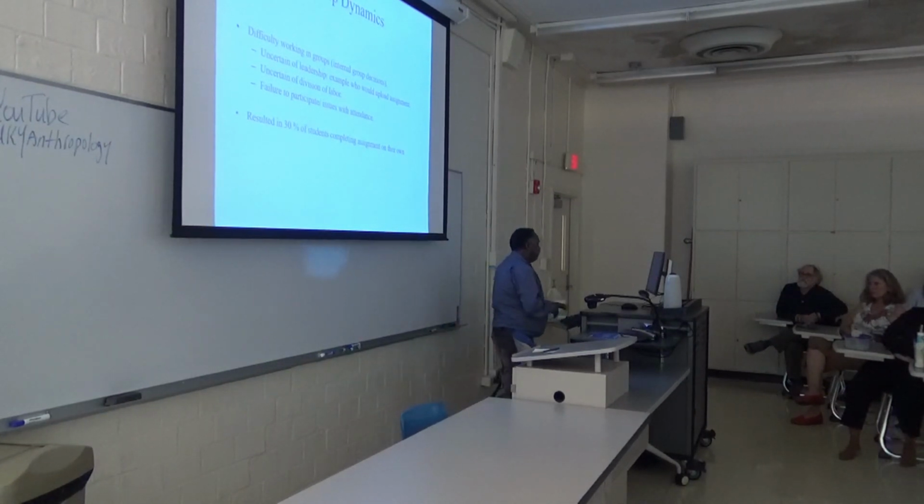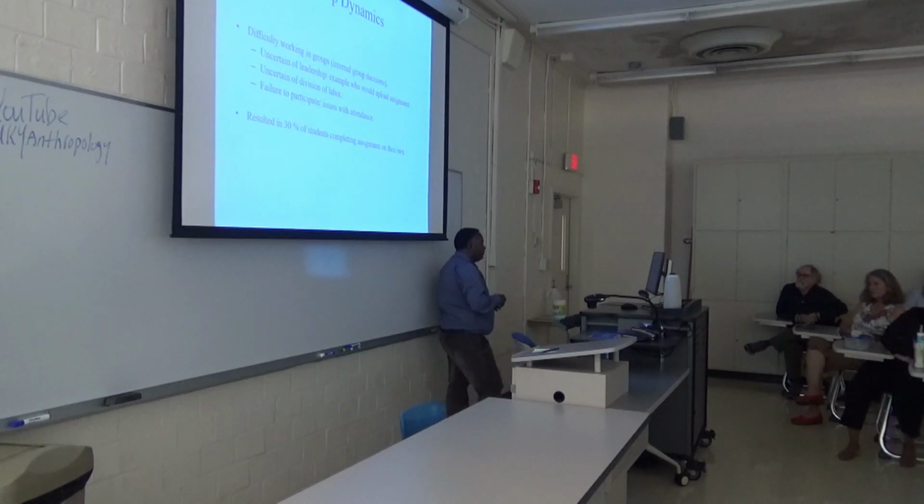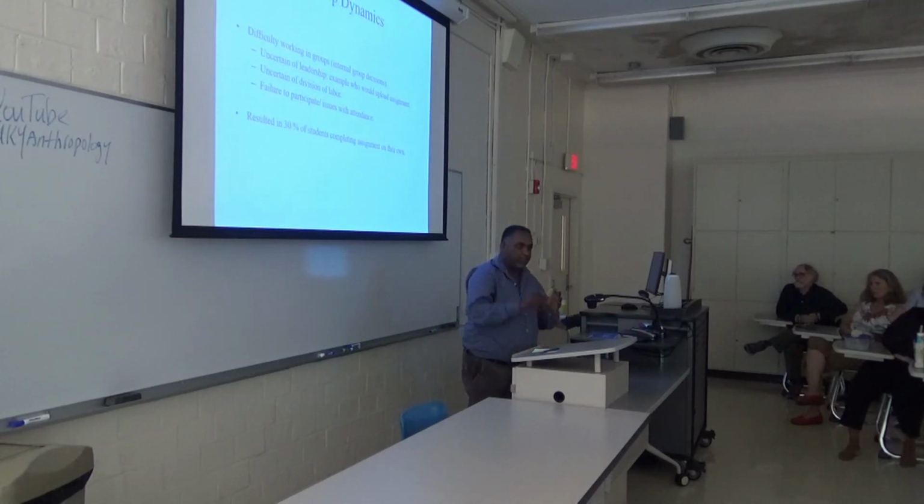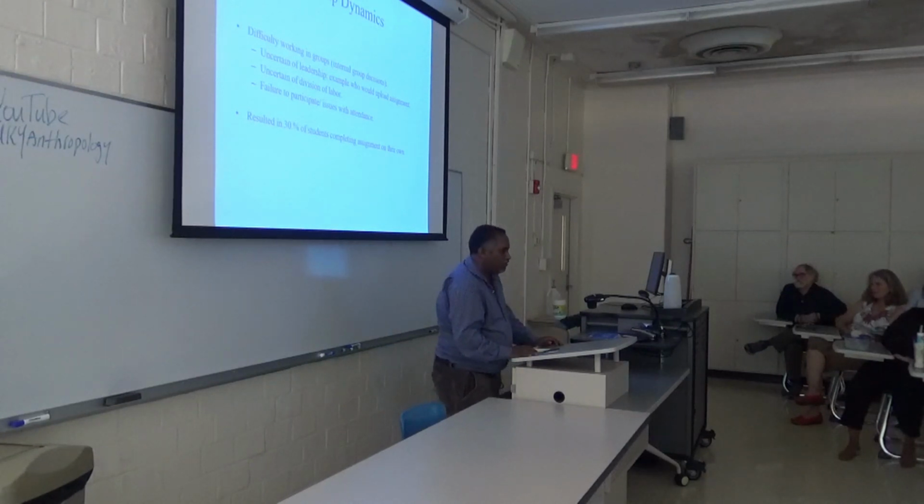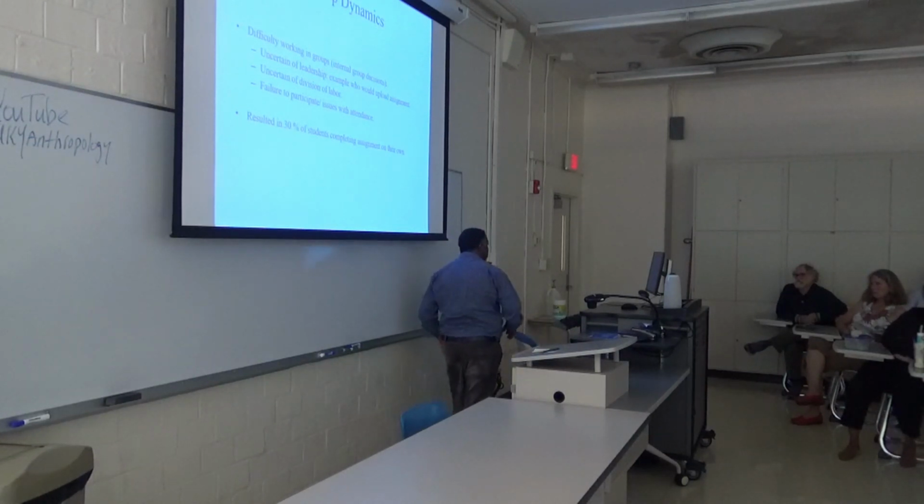So we identify uncertainty of leadership, uncertainty of the union of learners, and managing failure to participate, particularly in terms of attendance, as important points that we take into consideration in group learning skills.